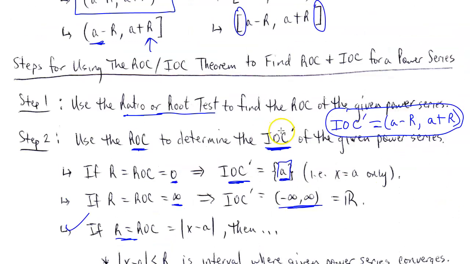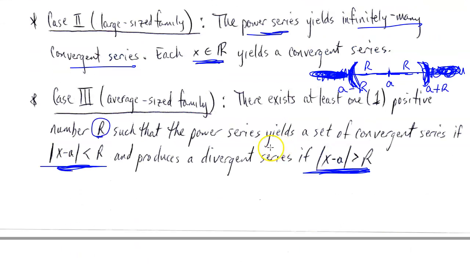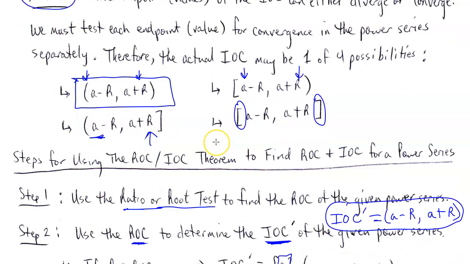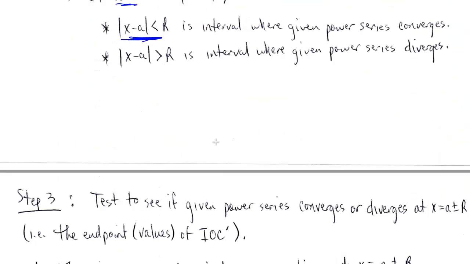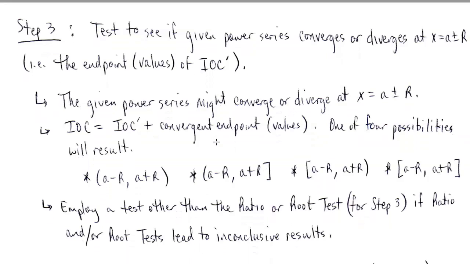And again, if we go back to here, all that means is what I was talking about right here: out here it diverges, inside here it converges. And again, we have to see at the end values whether it's going to converge or diverge there. That is what step 3 is about. We want to test to see if the given power series converges or diverges at those end values. Okay, so the given power series might converge or diverge here.